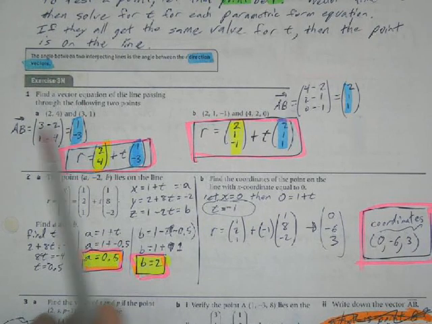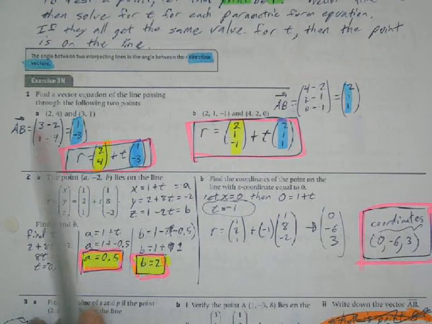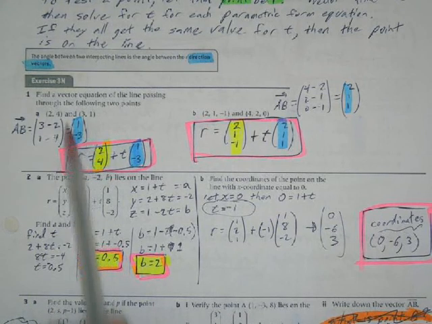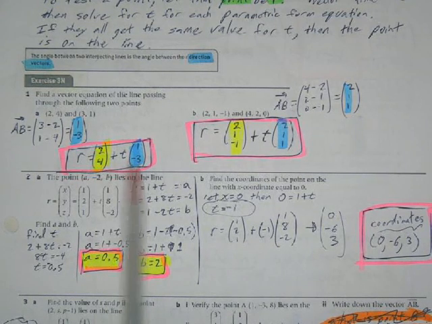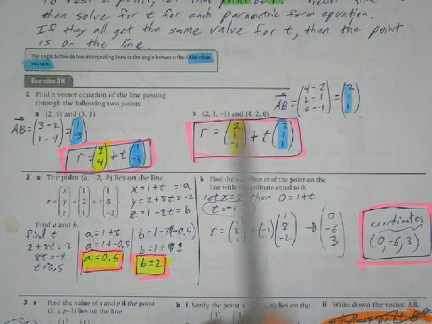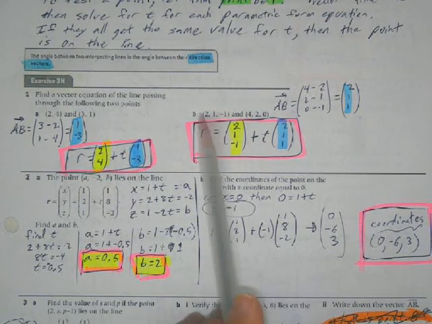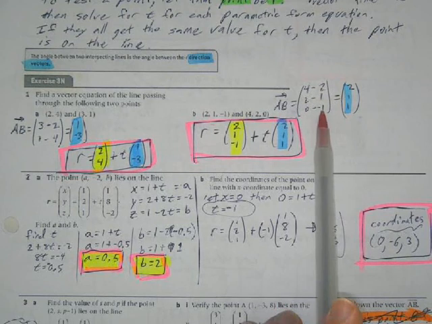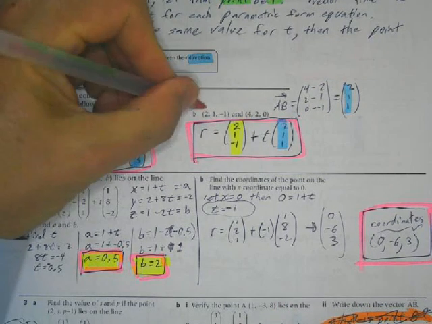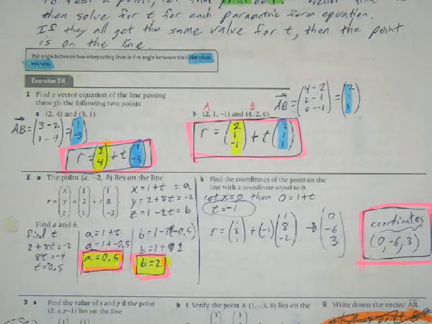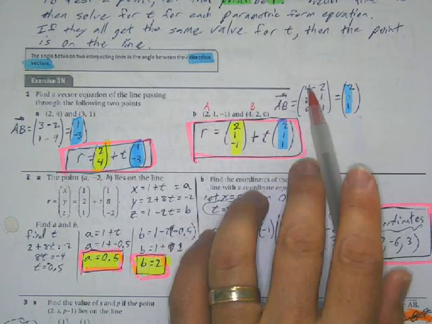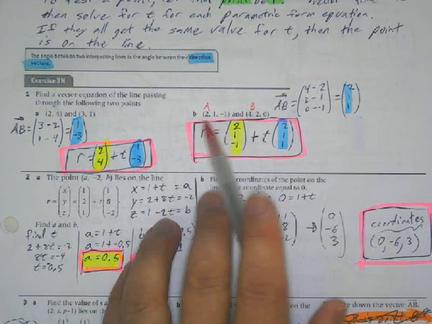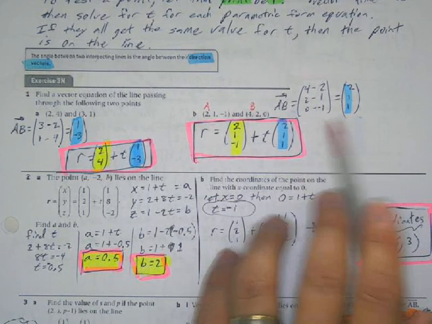With this point and this point, I found that our direction vector is 1, -3, and then I picked one of these 2 points, and there's my position vector, and there's my direction vector. Same thing here. Using these 2 points, I called this point A, and I called that point B. So to find my direction vector, I did 4, 2, 0 minus -2, 1, -1. Okay, so that's my direction vector.